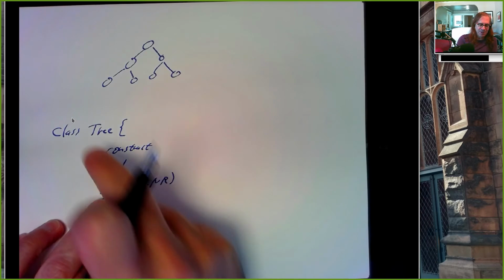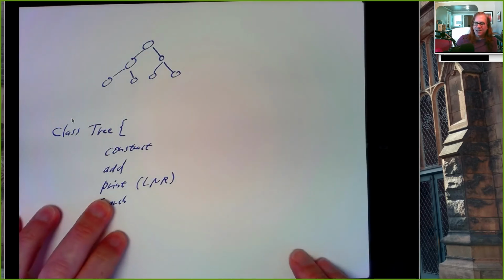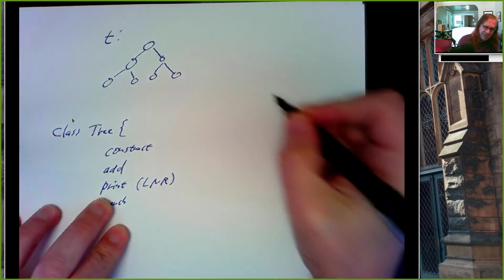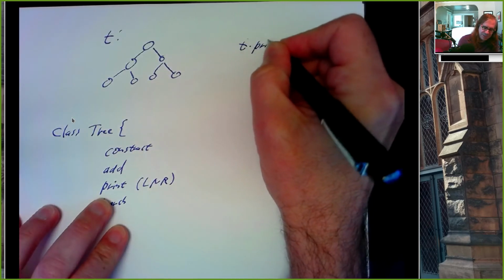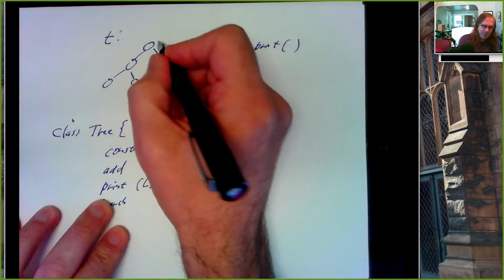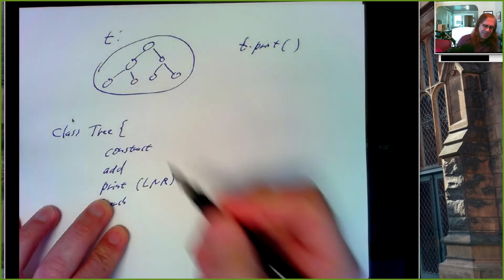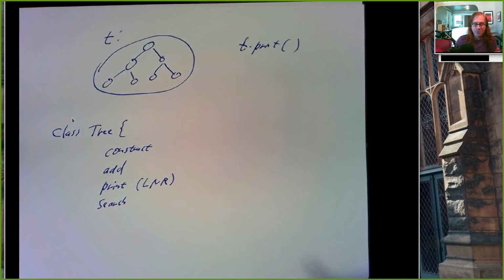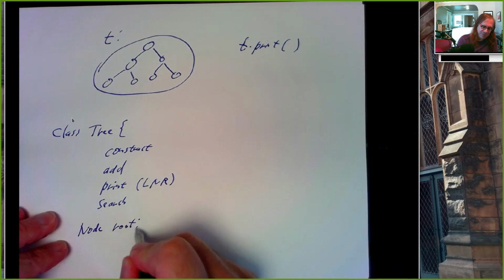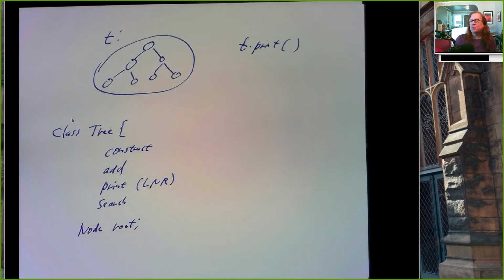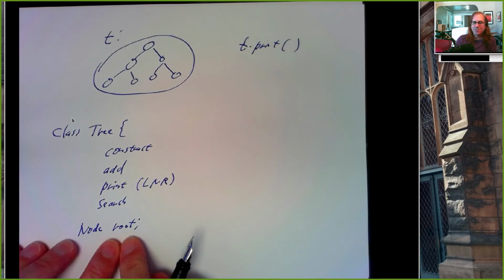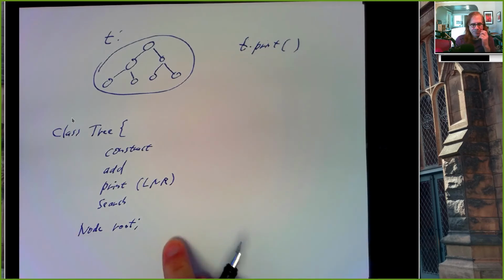If print was a part of the tree class, so let's say this is my tree T, and I say t.print, well, I've got this tree, and inside the class I've probably got the root node somewhere, so I've got a node that's going to be called root. And we know how to print in left node right. First, we print out root's left subtree, and then we print root's data, and then we print root's right subtree.